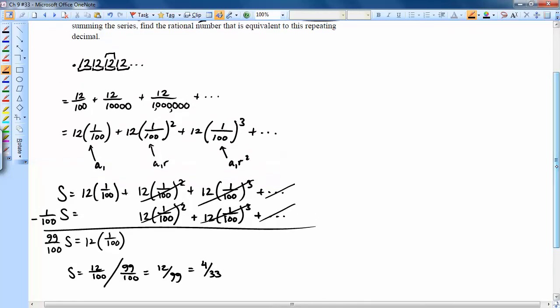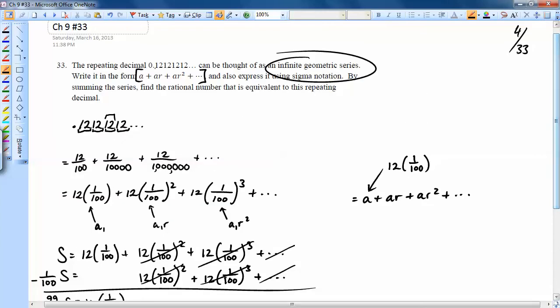Now, you could also do this thinking of it in terms of a plus ar plus ar squared plus dot dot dot. And a in this case is my first term, 12 times 1 over 100. I'm trying to write it like the problem has it up here, right? A plus ar plus ar squared.